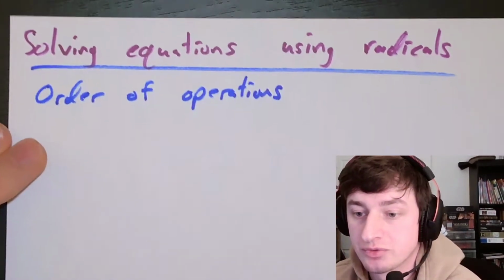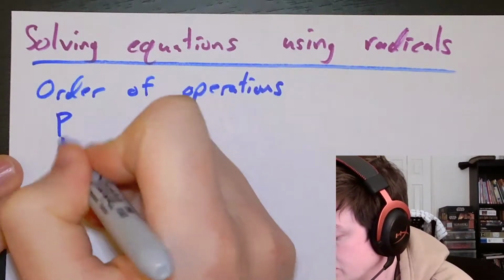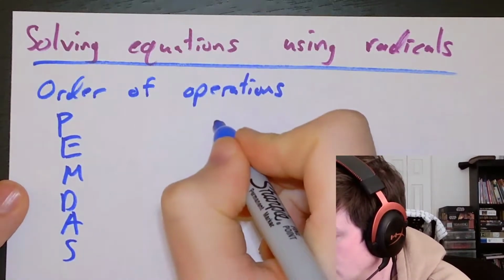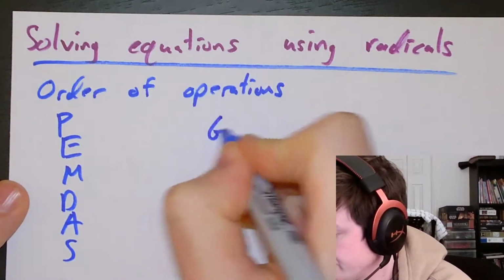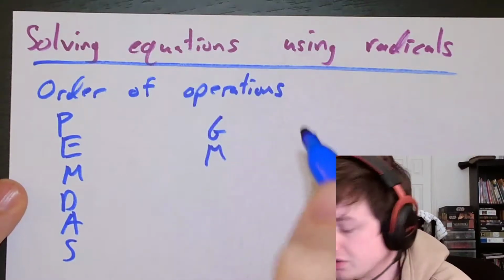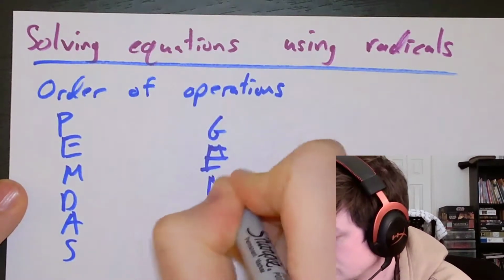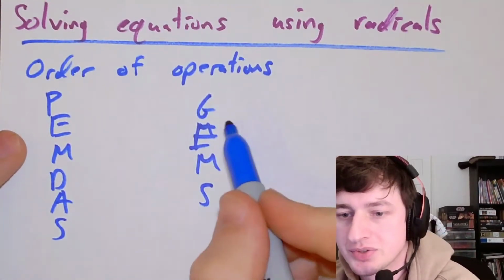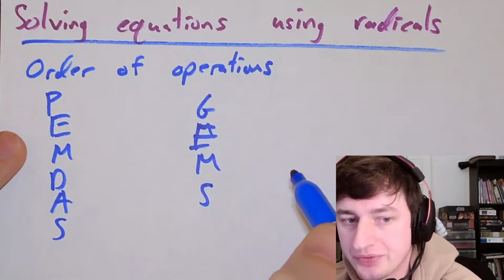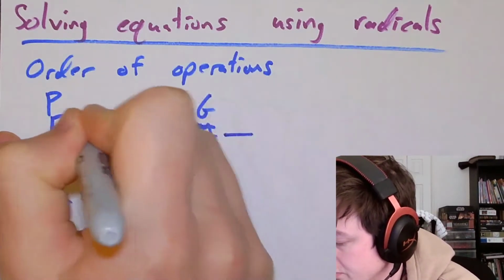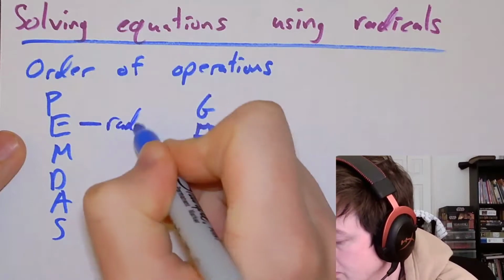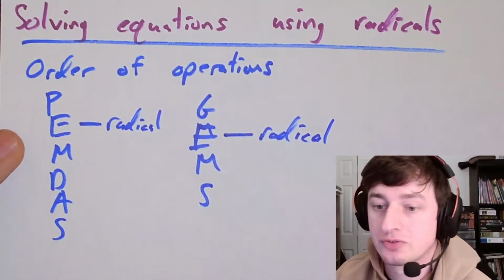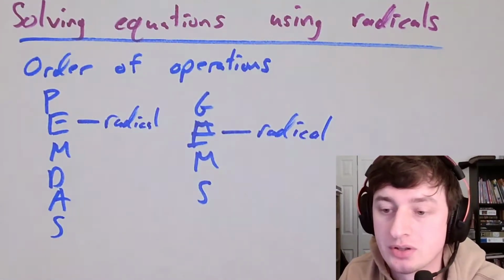Okay, you've seen this before, right? So either PEMDAS or GEMS, if I could spell. And so we have grouping symbols, exponents, though the spot that we're going to be focusing on is right here. This is where our radical happens, because technically it's a fractional exponent, like x to the 1/5.